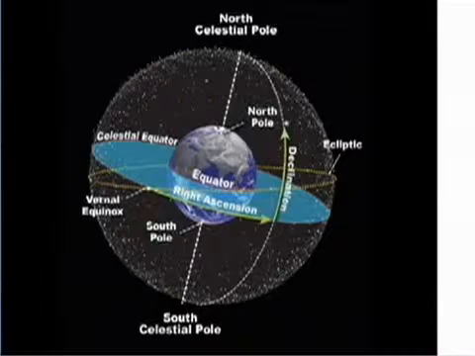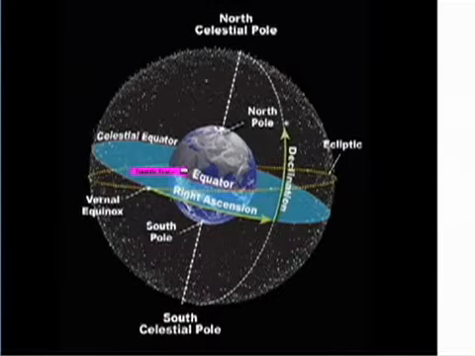So, we talked about how the astronomical coordinate system is a projection of the Earth's coordinate system into space. Now let's look at a picture of that. Here's the Earth, and here's the equator going around the middle of the Earth. Here's the North Pole, here's the South Pole.